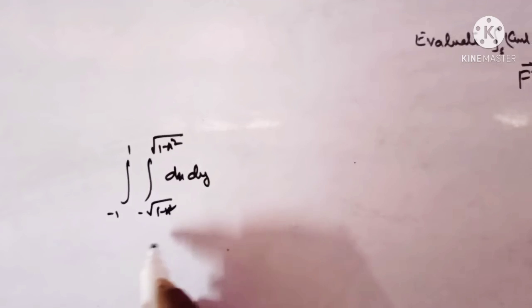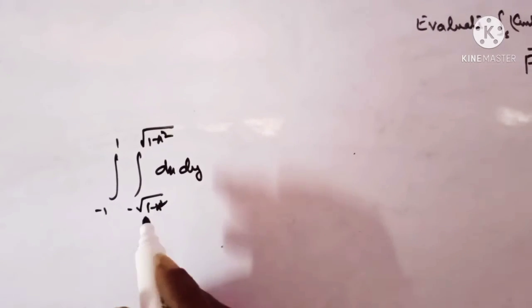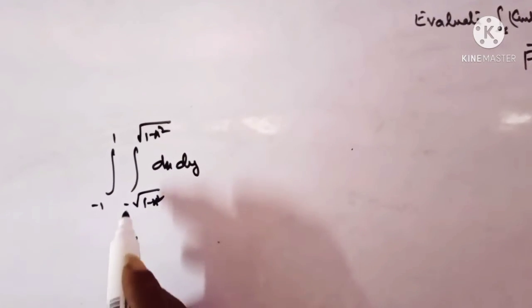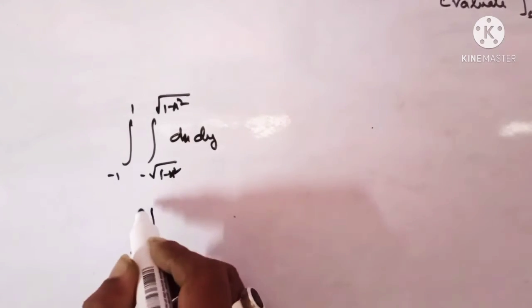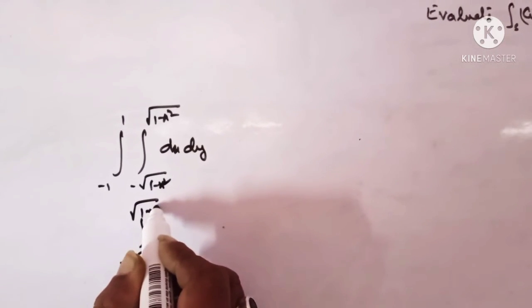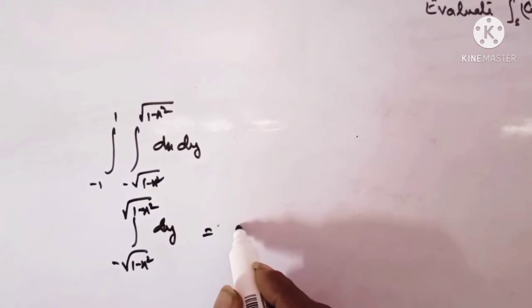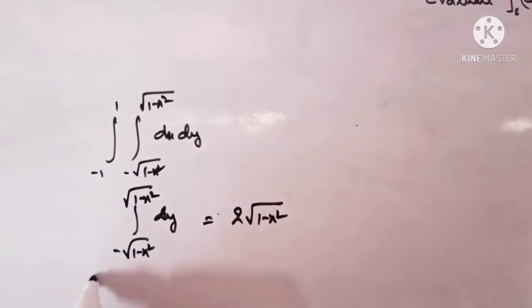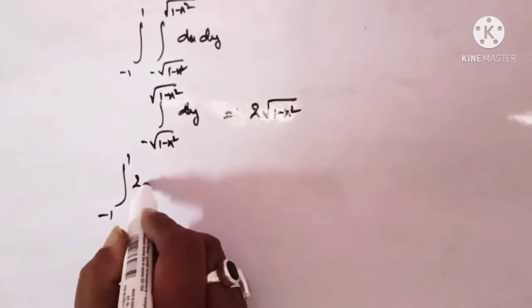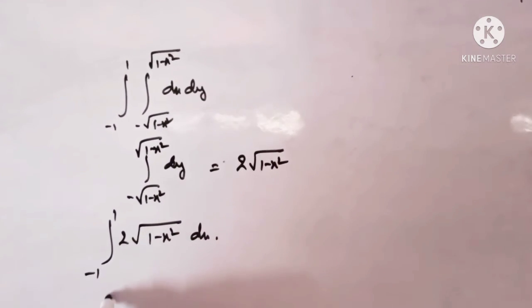I will calculate this separately, for my convenience, and then place it in the original form. The integral of dy will be equal to 2 root 1 minus x square. Now the integral from minus 1 to 1 of 2 root 1 minus x square dx, so 2 common.